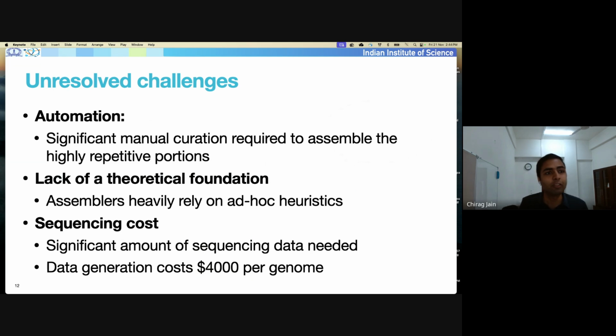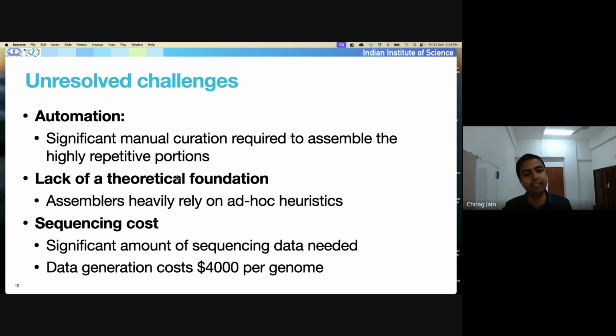The unresolved challenges still remaining in the field are, first, automation: significant manual curation is currently required to assemble highly repetitive, challenging regions of the genome. And this manual curation is not scalable. That is, I cannot assemble 1 billion genomes or 1 million genomes because of this extensive manual curation involved for each genome.